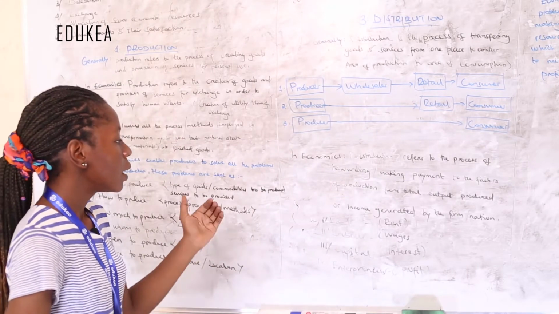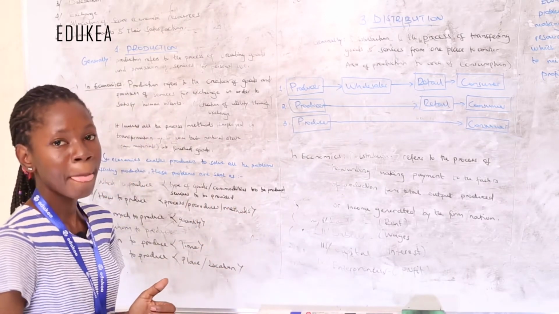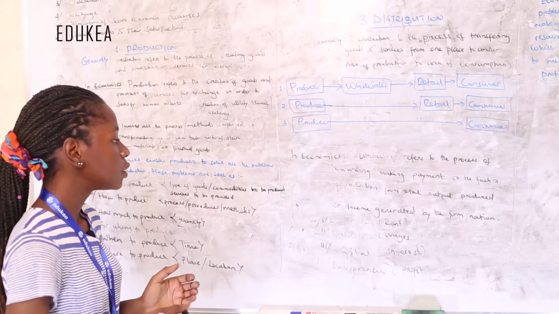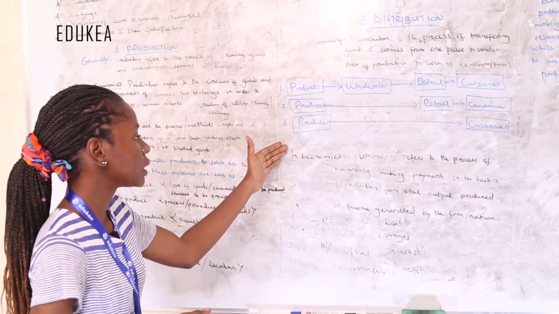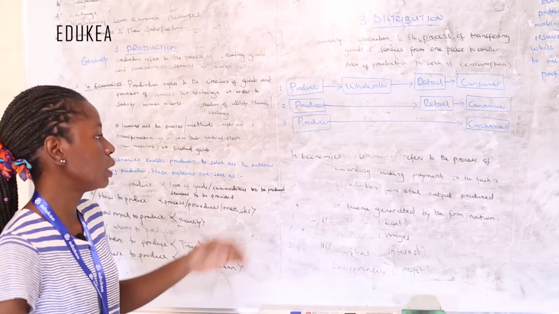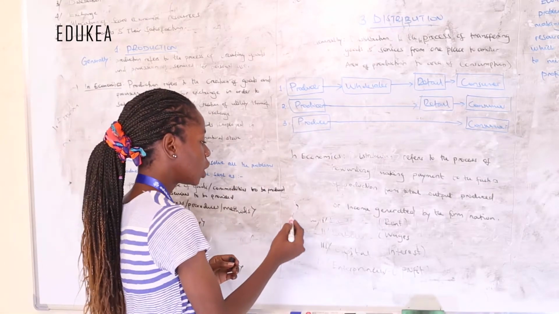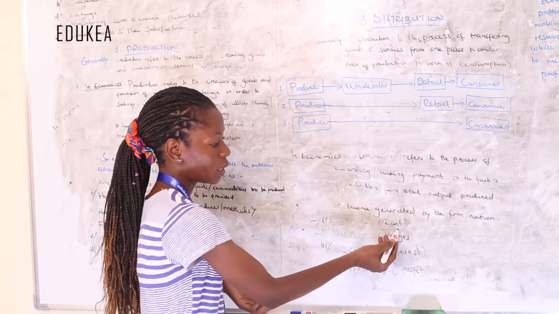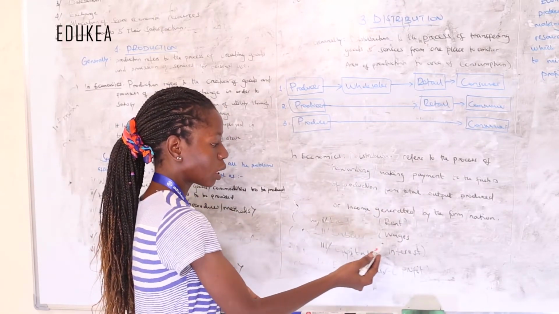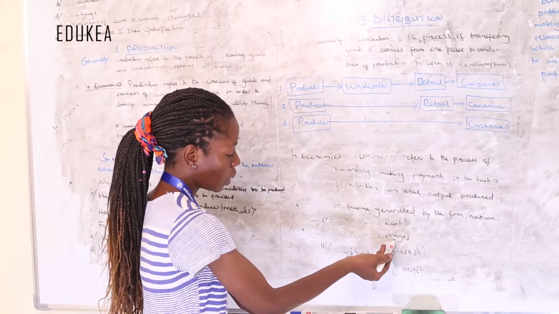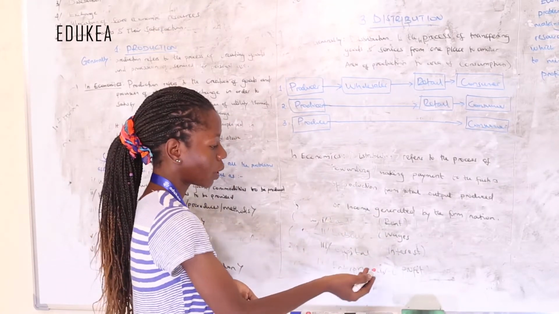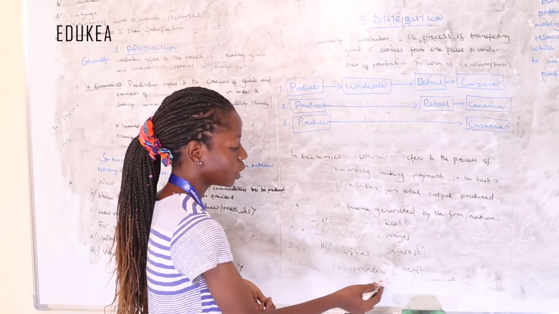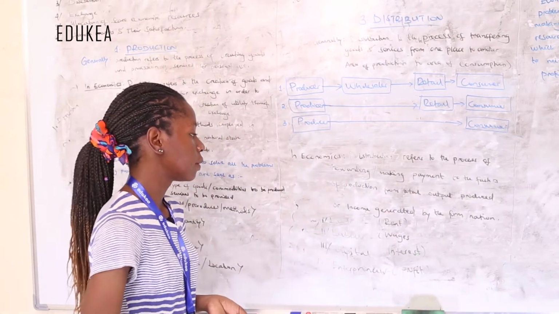So ile process of making payments to the factors of production ndio tunasema distribution in economics, whereby hapa tuna reward vitu kama land. Kwenye land tuna reward rent, kwenye labor reward wages, na kwenye capital tuta reward interest, na kwa entrepreneur tuta reward profit.